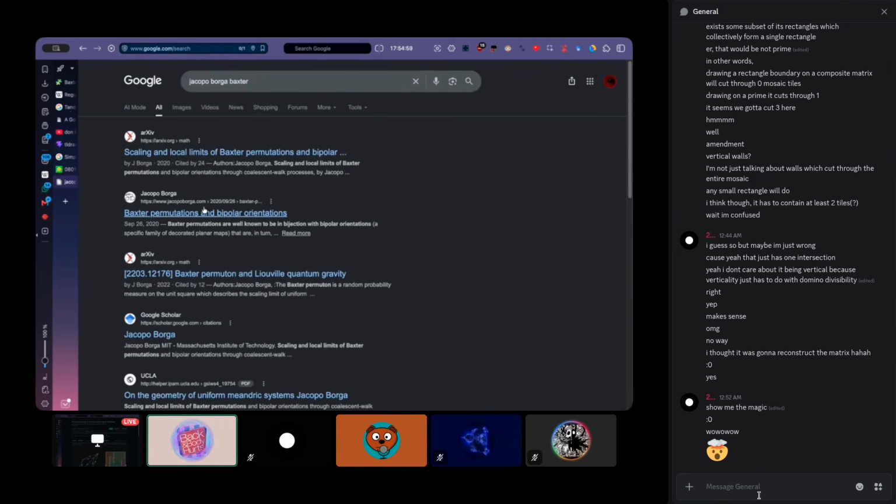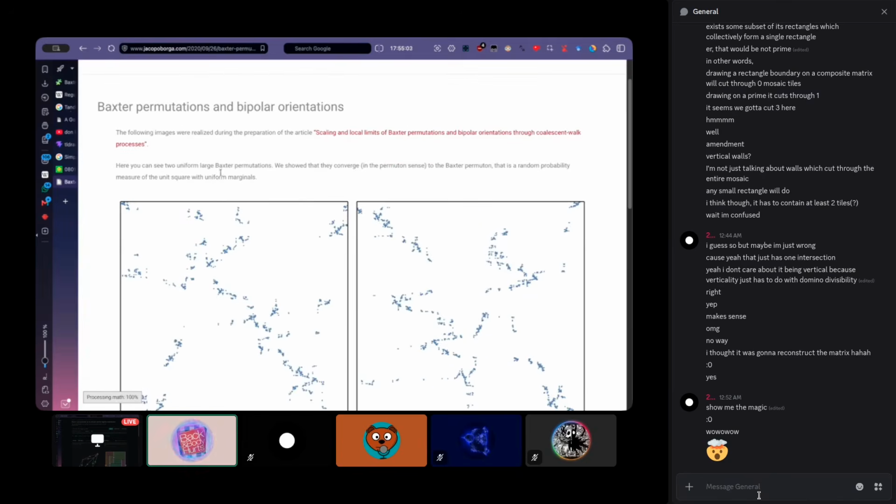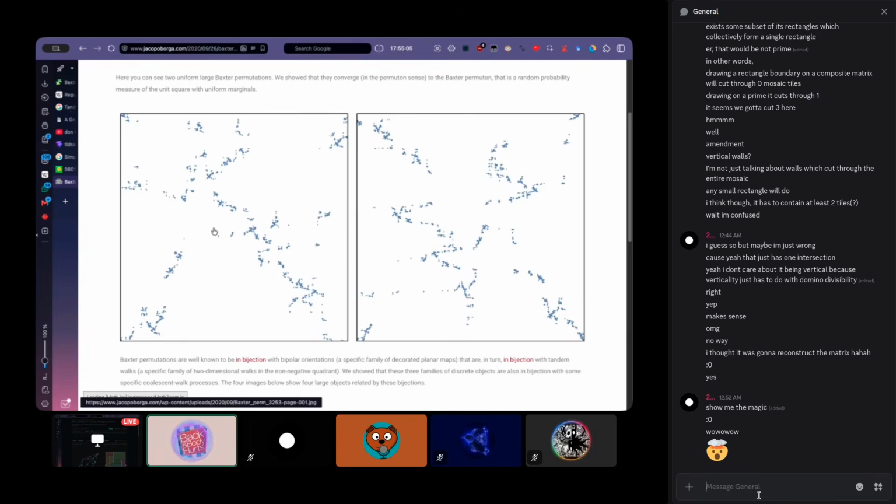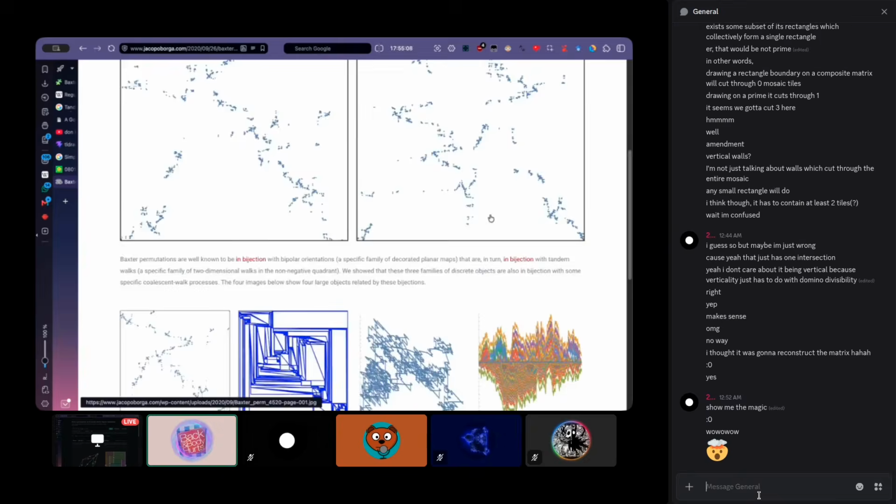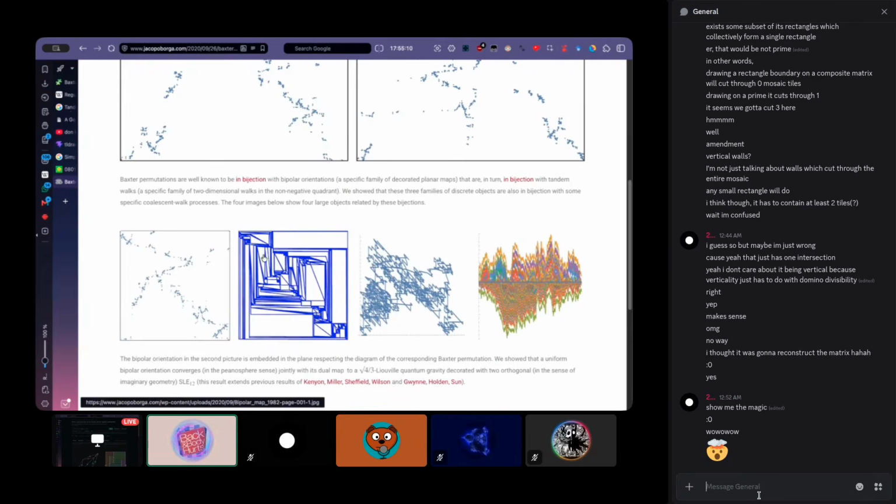He has a very nice blog on Baxter permutations and the limits of Baxter permutations, and what structures come up as you take Baxter permutations and increase n until it hits a limit.